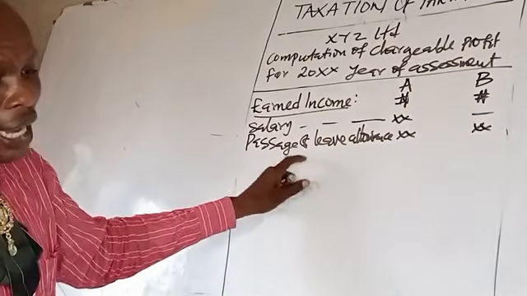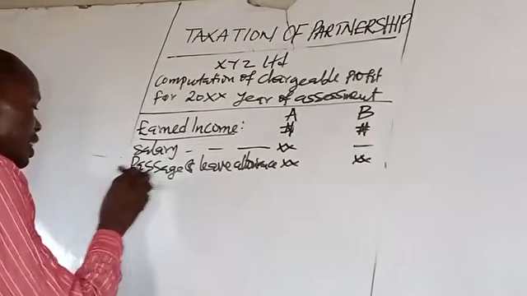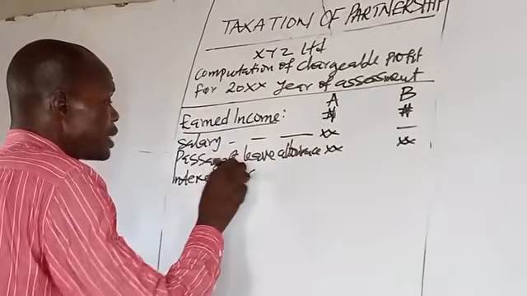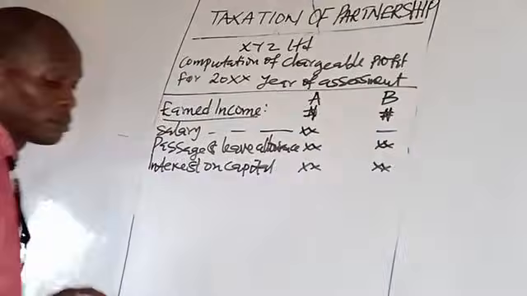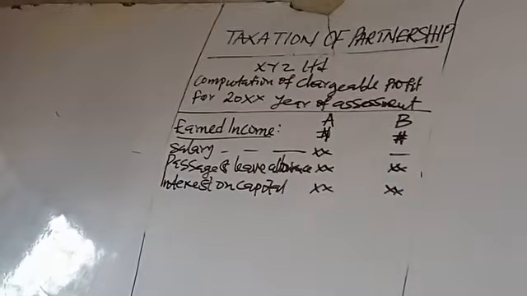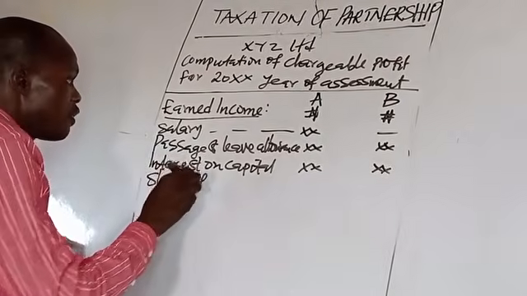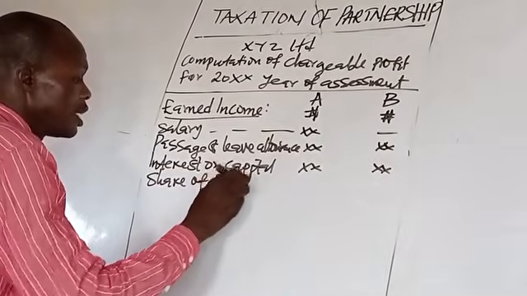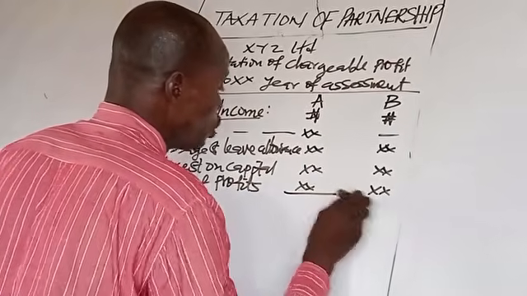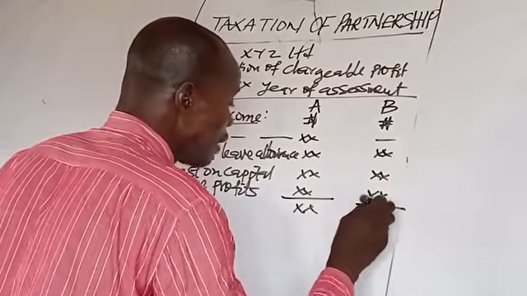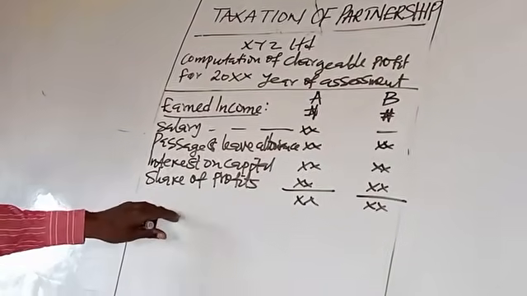Then interest on capital, if any, to A and B. Then after interest on capital, you have share of profits: how much is received by A and the amount received by B. You sum that up and arrive at the total earned income.